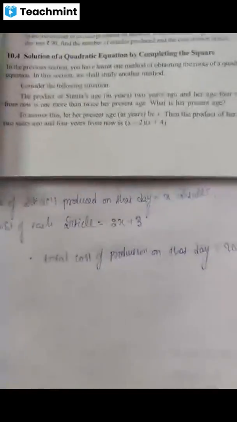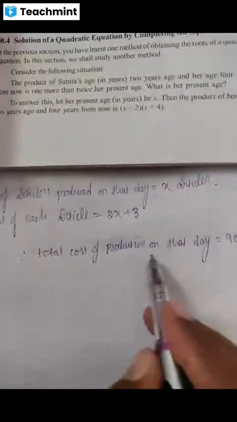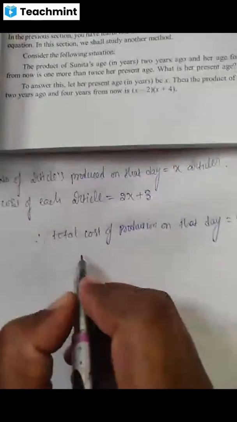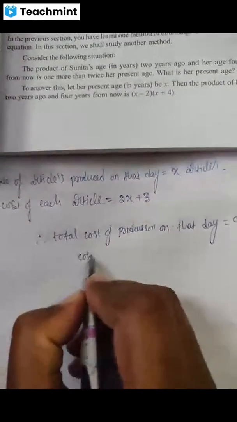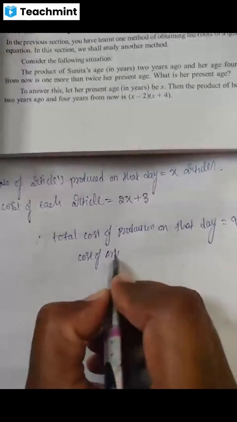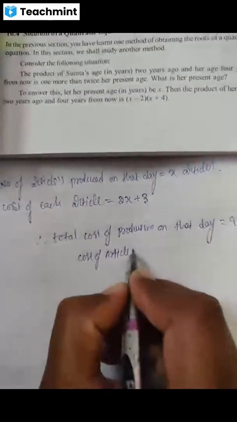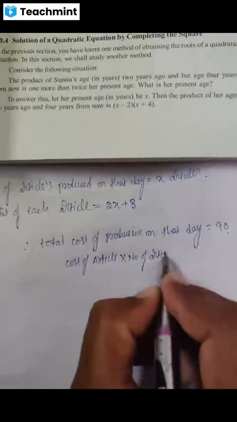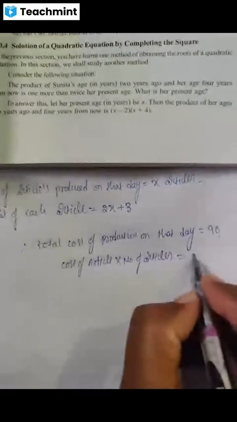The total cost of production on that day is 90 rupees. Total cost of production means cost of article into number of articles equal to 90 rupees.